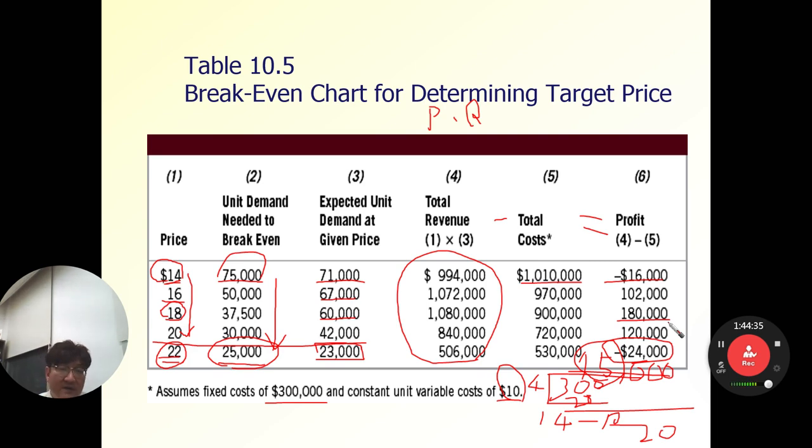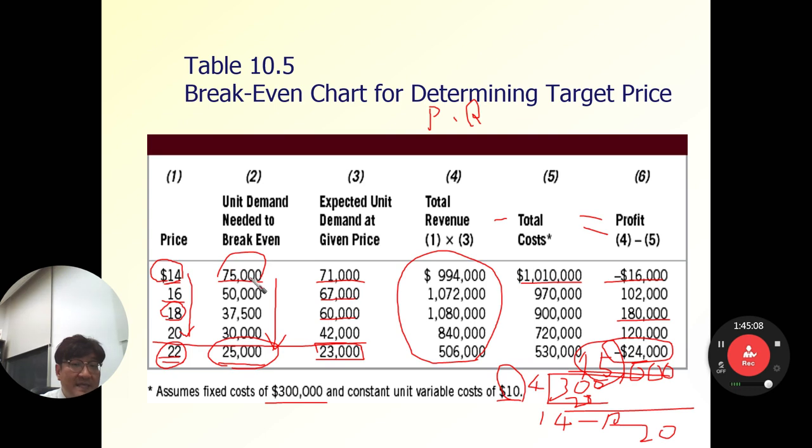However, there are lots of other goals for pricing. Maybe you want to quickly increase your market share, even if you cannot reach the break-even point, because you just want to expand your sales in a short time. If that is your goal, then maybe the maximum sales point is going to be your optimal price point.